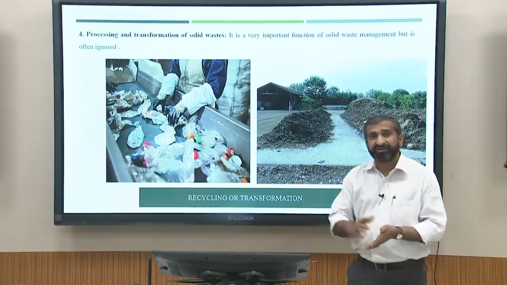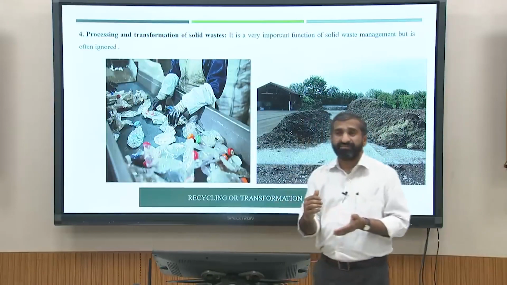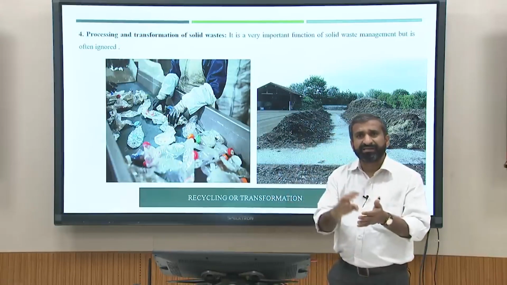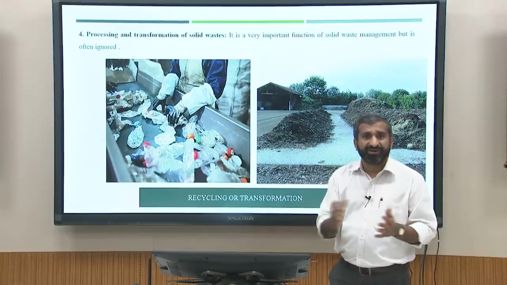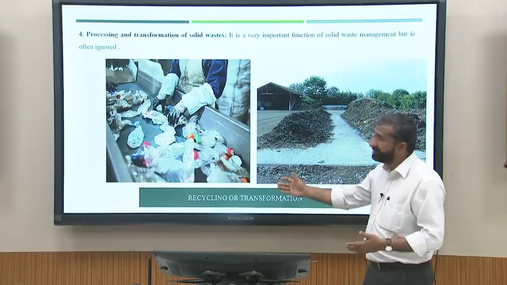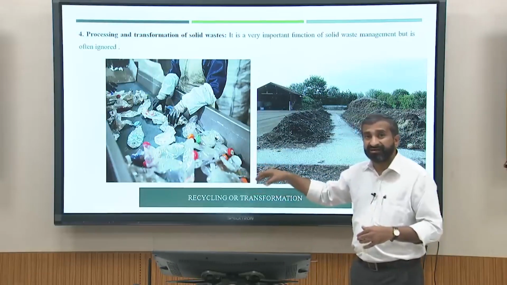Without that it is very difficult to recycle. Except for glass and metal, the paper, plastic, rubber and leather are highly combustible. So, when you plan a waste to energy plant, you need to understand what kind of waste is getting segregated and where.